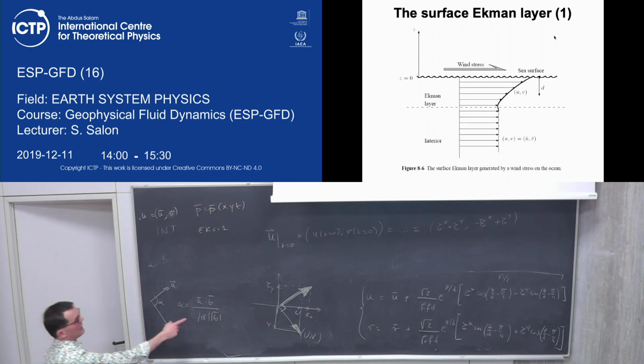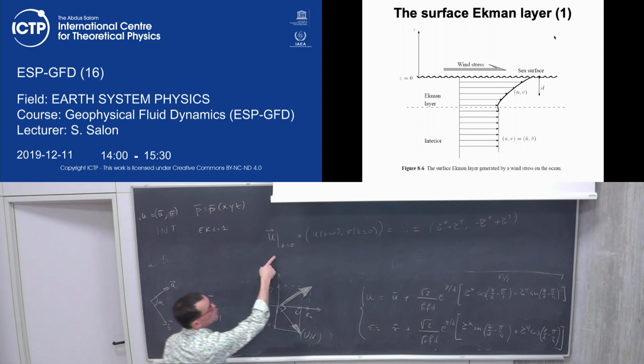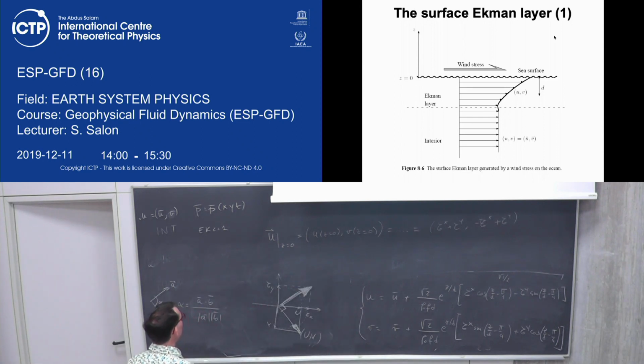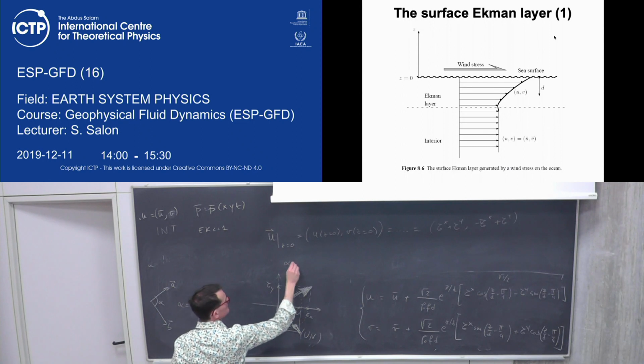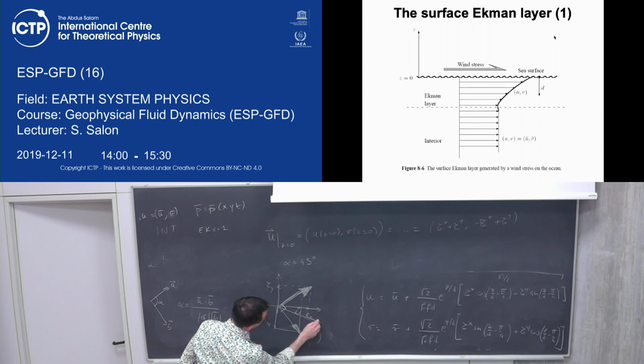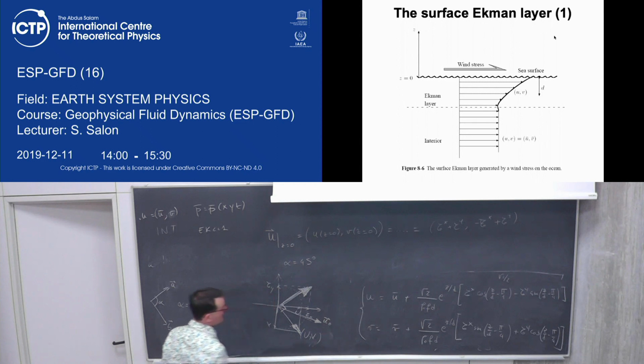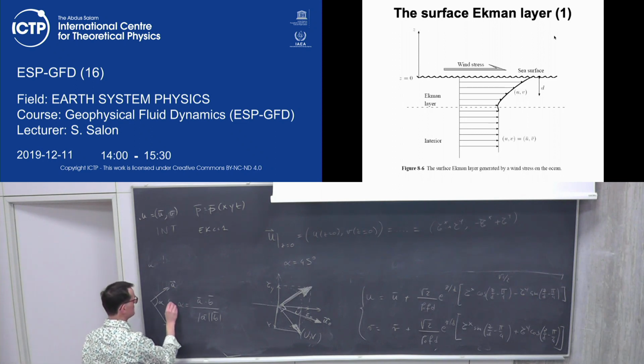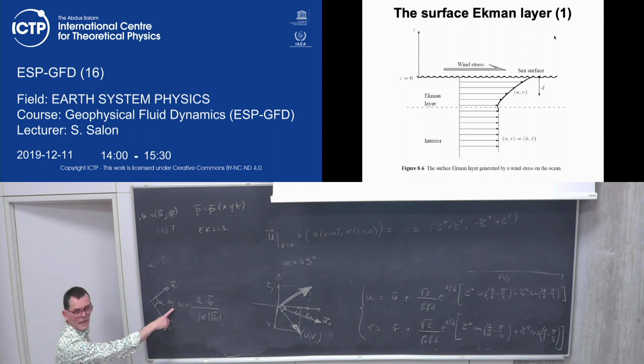So if we apply the same formula to u and tau, what we will obtain is that alpha is equal to 45 degrees. So this is right, we have to calculate the arc cosine of this.